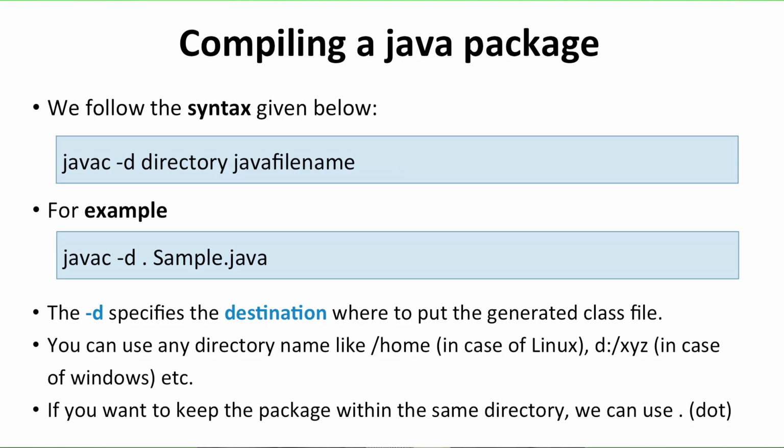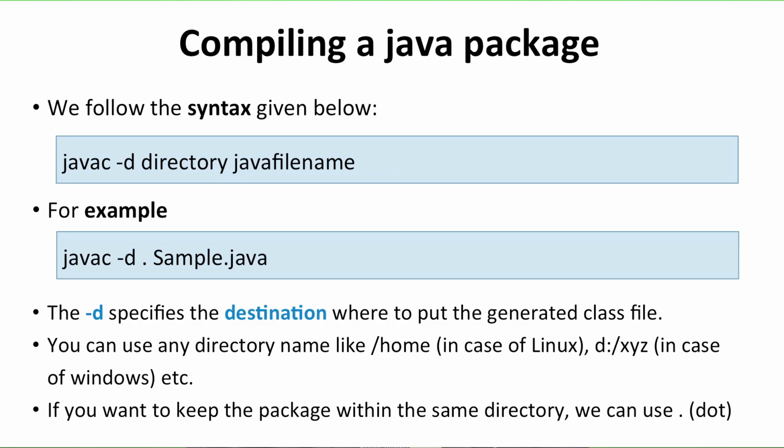javac, the Java compiler, usually javac -d, then directory, then Java file name. For example, in this particular program which we discussed today, javac -d . sample.java.